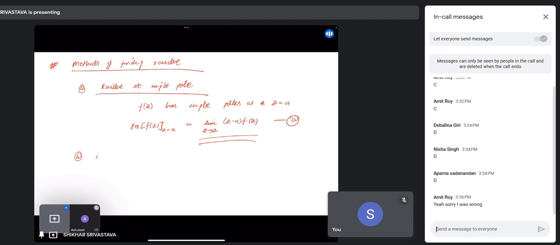Or suppose you have to find the residue at a pole of order n. It is not a simple pole, but a higher order pole.